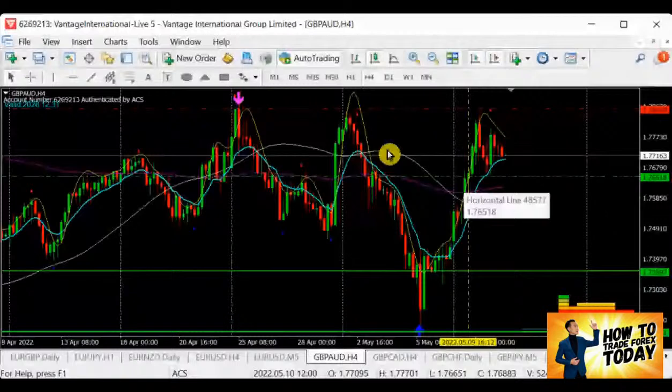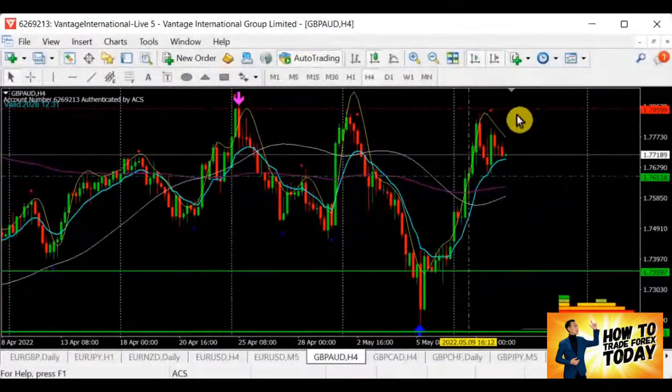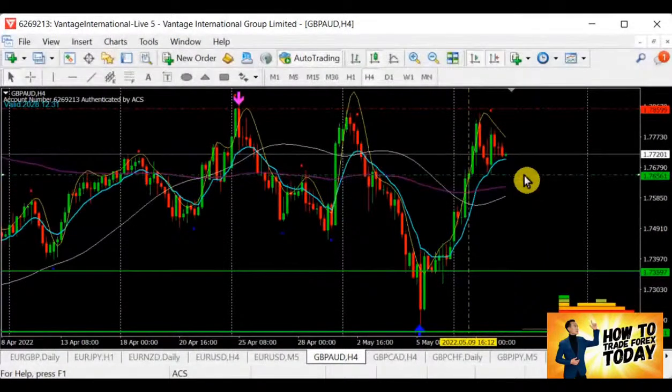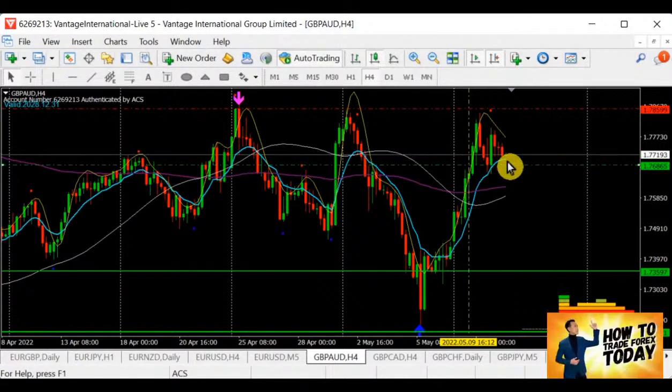I'm anticipating that the price will actually come and test the moving support here, which actually works. So now, if I shift this support upwards towards here, the price is very near to my aqua line over here.